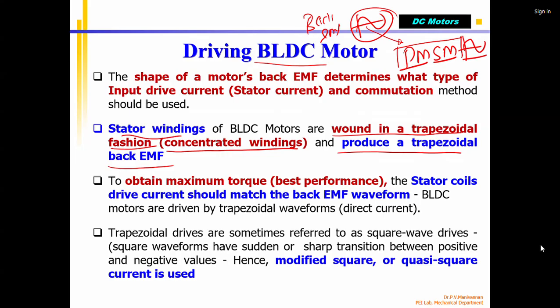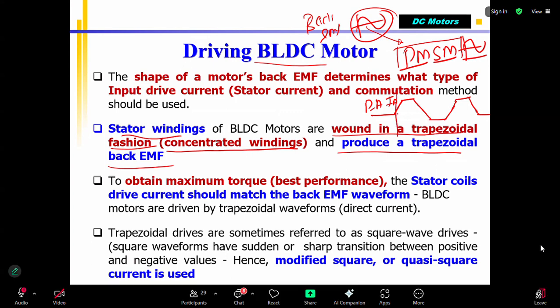That means if you supply a trapezoidal voltage to the coil, it will be something like this. This is the current IA supplied to phase A, the supply to coil A. The back EMF also should be the same. Then only maximum torque will be produced.